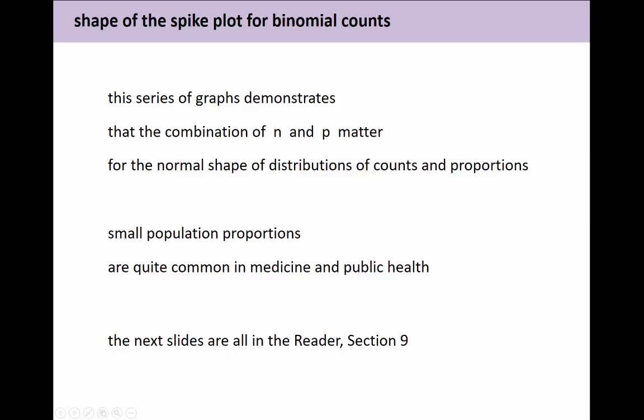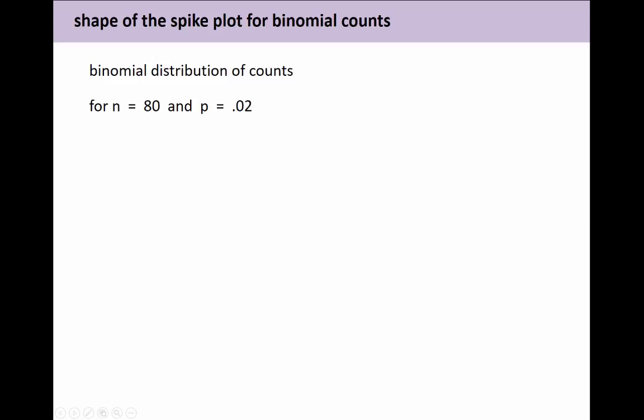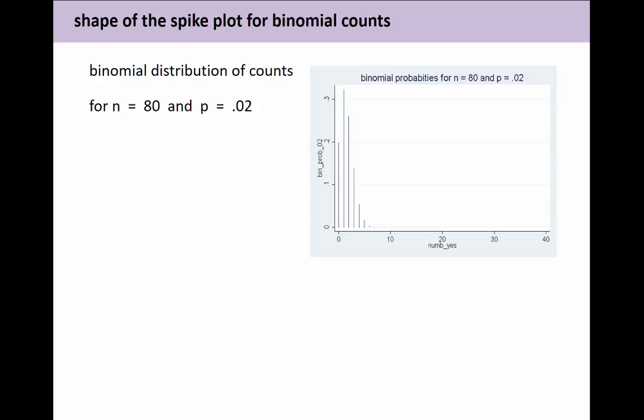So this is just an illustration. Here's what we have for the binomial distribution of counts for a sample of size 80 and a population proportion of 0.02 or 2%. And we get something that looks like this, which I hope you will agree is highly skewed.